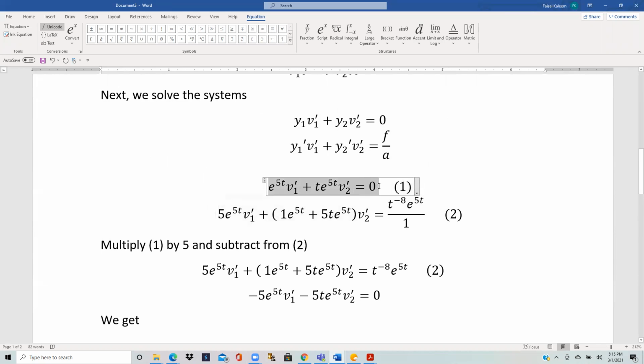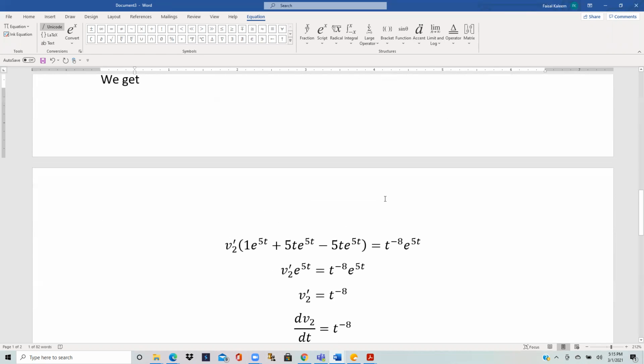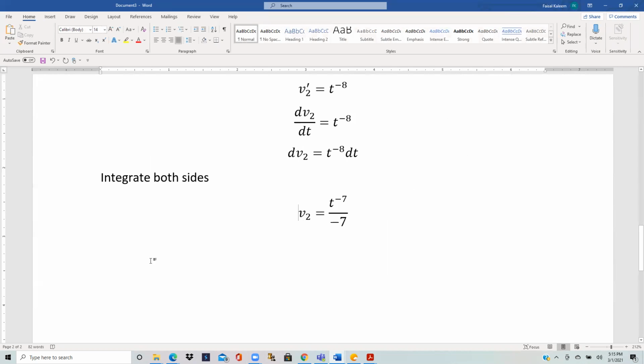So substituting this in 1, we get, okay, so 1 was this: e^5t v1 prime plus te^5t v2 prime. So v2 prime would be, or let's just, okay, the derivative of this.